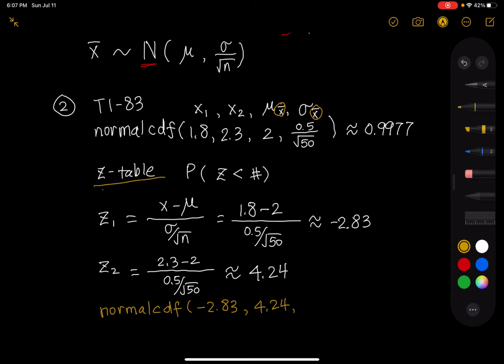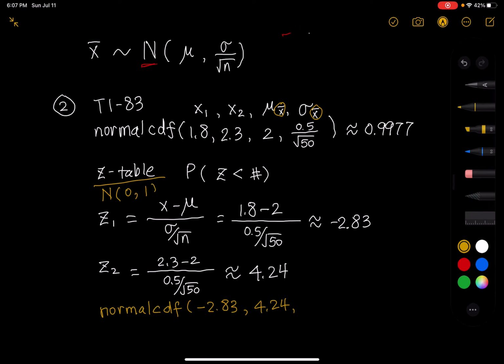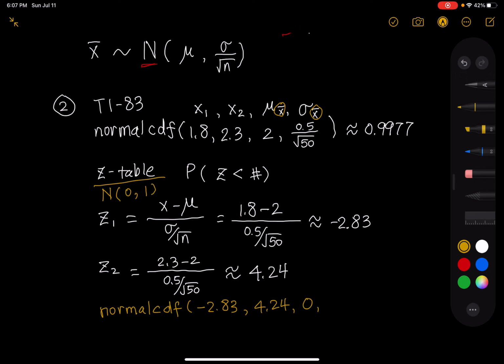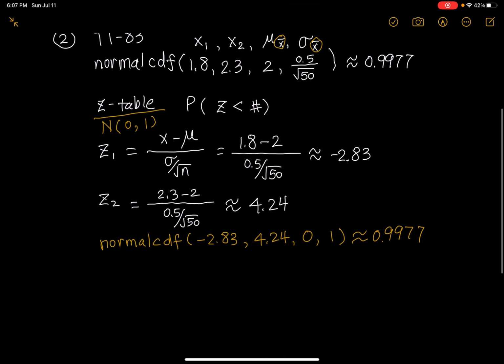The z-table tells you the standard normal distribution with mean of 0 and a standard deviation of 1. So in that case, you enter 0 and 1. You should still get the same result, 0.9977.